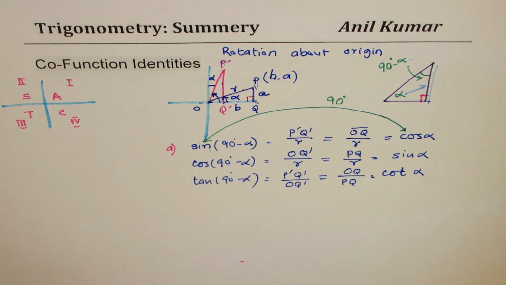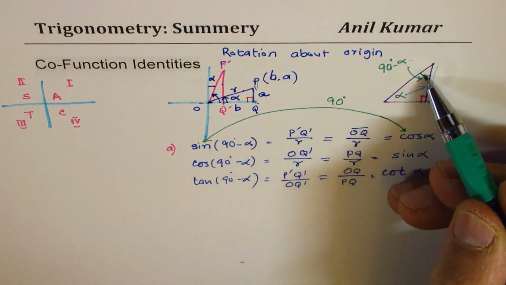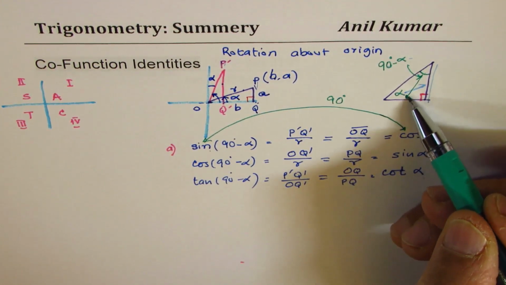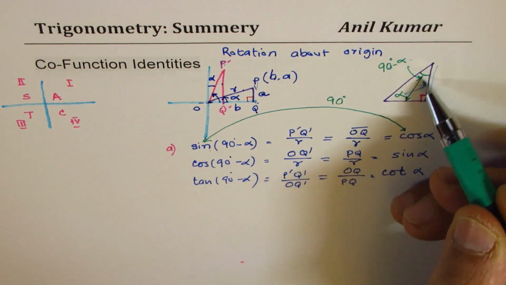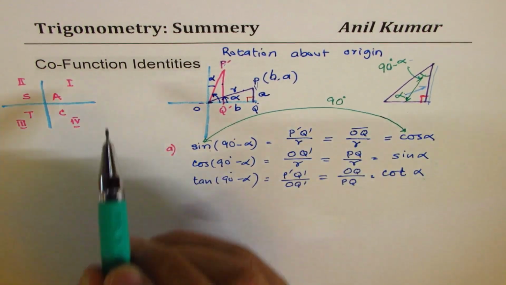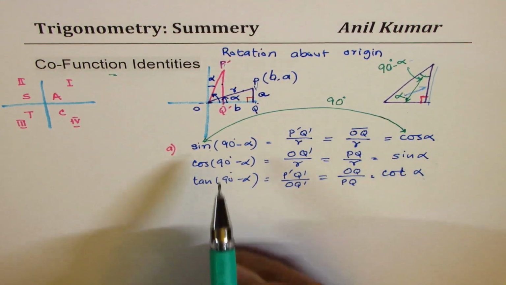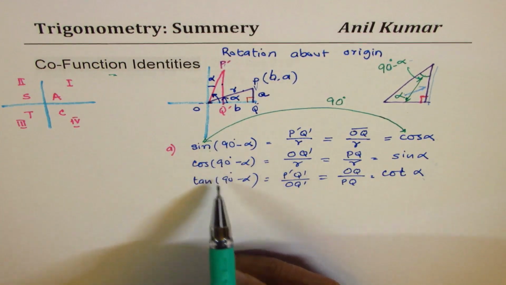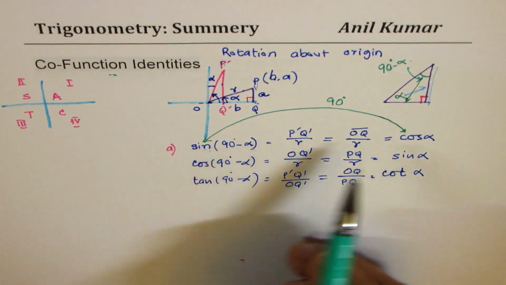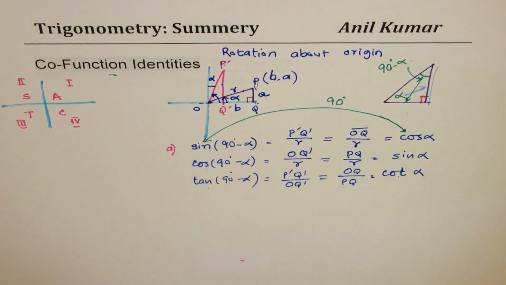So you can appreciate that sine and cosine will flip, because now you're looking from the other side. That is the reason why they always flip, and we have cofunction identities. So I hope this concept is clear. Whenever the angles are of this form, sine becomes cos, cos becomes sine, tan becomes cotangent. Is that point clear?